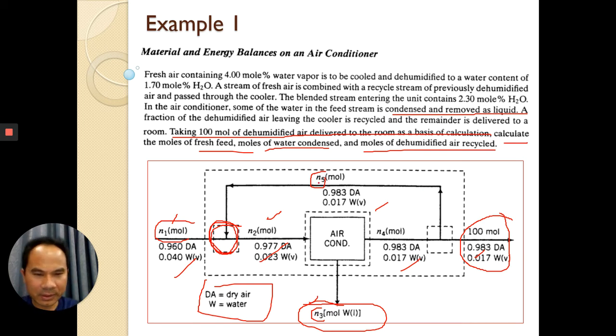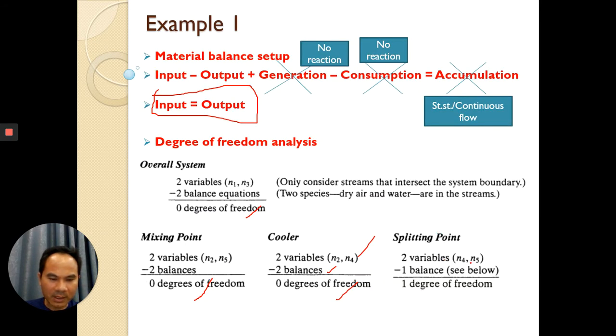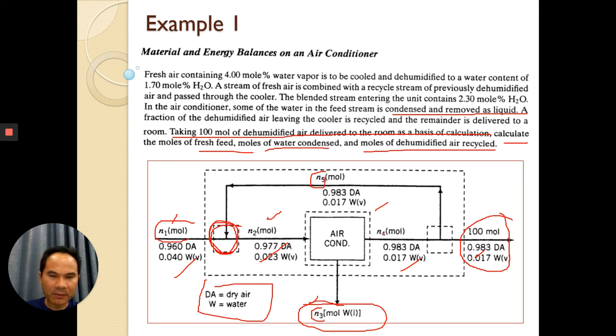And also we can do the balance around the splitter. We do not have 0 degree of freedom, we have 1 degree of freedom. The unknowns are N4 and N5. But if we know N4 already, we can solve for N5.